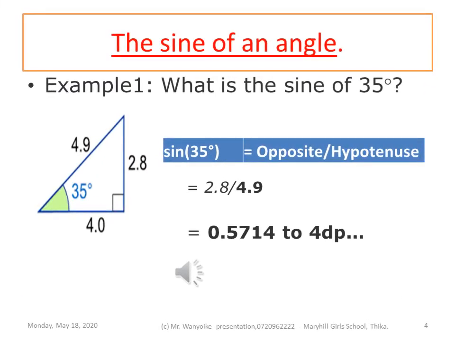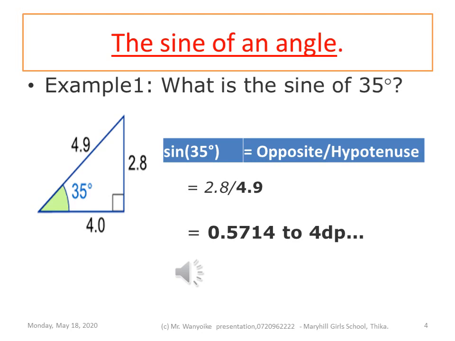Now we can use the formula for sine of an angle, which is opposite over hypotenuse, to work out various tasks involving angles and the lengths of a right-angled triangle. In example 1, we'll find the sine of angle 35 degrees.